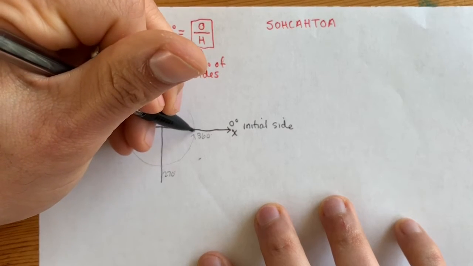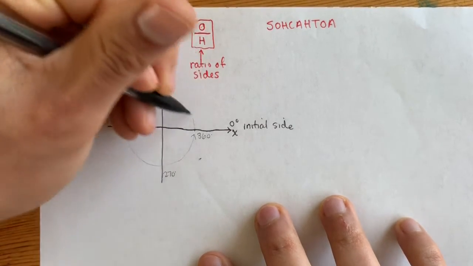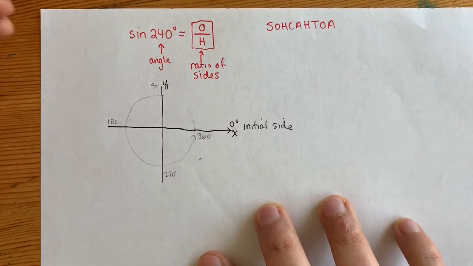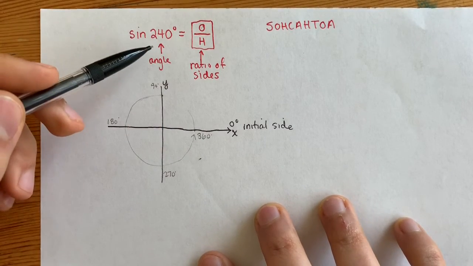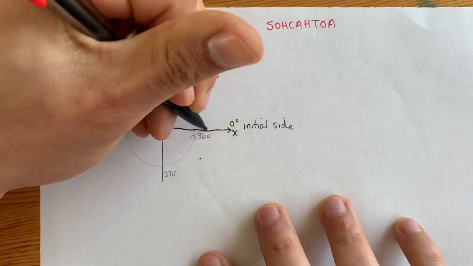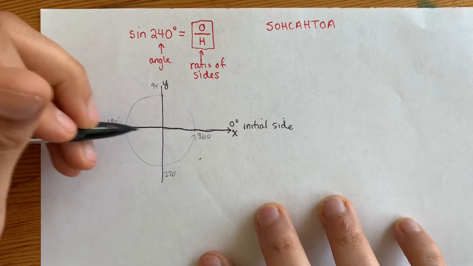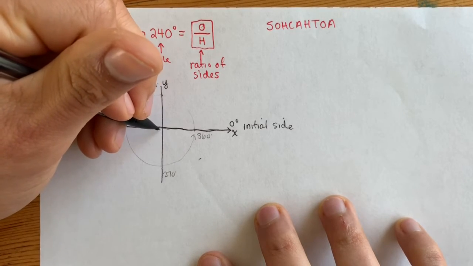I can continue going past 360, but all it will do is continue me spinning around the circle a second time, third time, or fourth time. So 240, where would that be? Again, 0 is the initial side. 240 would be somewhere past 180 into the third quadrant.